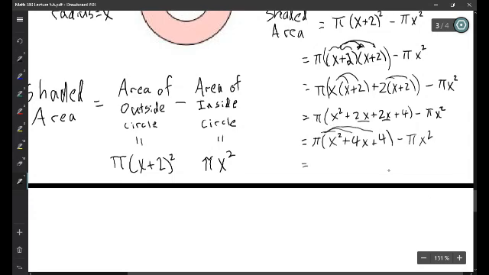And you get pi x squared plus pi times 4x, just write 4 pi x. So that's 4 times pi times x. And then pi times 4, do 4 pi. Then minus pi x squared.